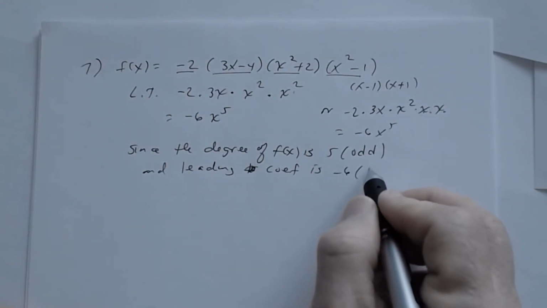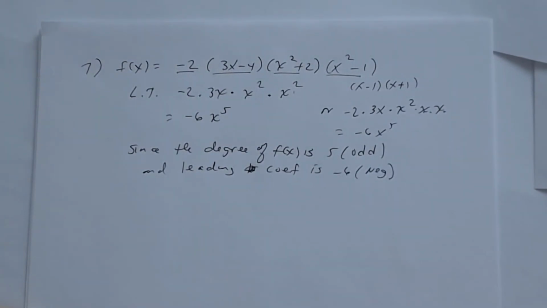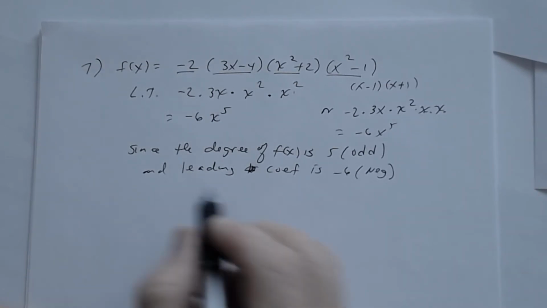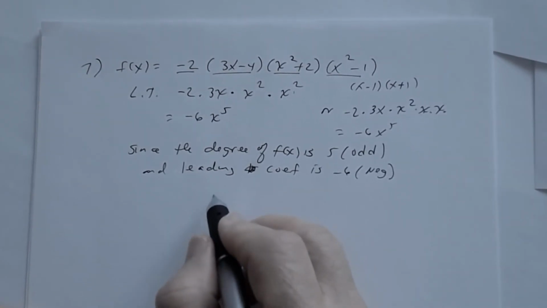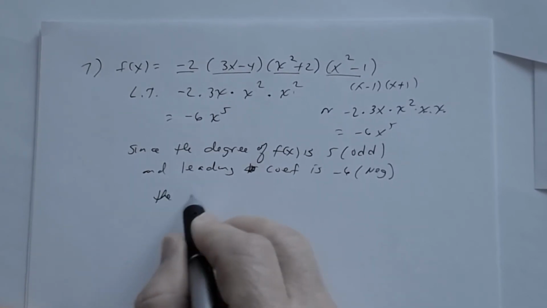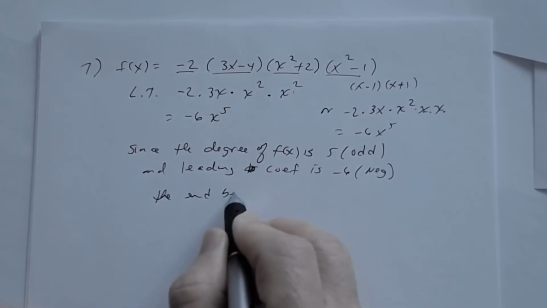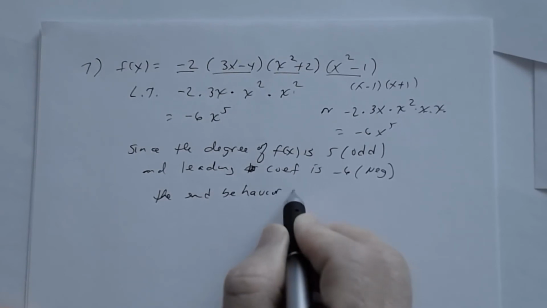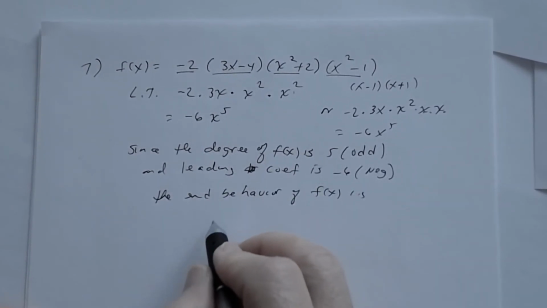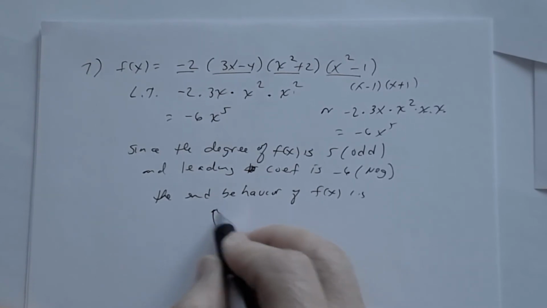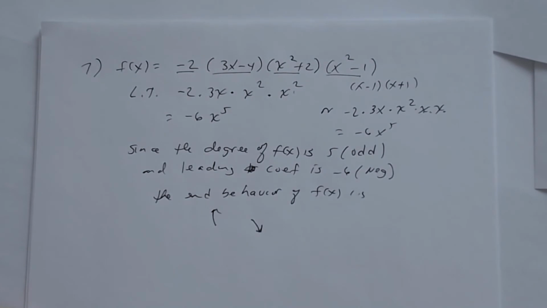So that's negative. Remember, the leading coefficient is negative. So that means the end behavior of f of x is, on the left side, it's pointing up. On the right side, it's pointing down.